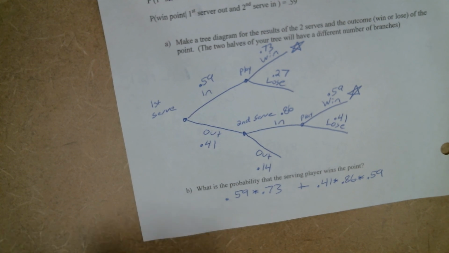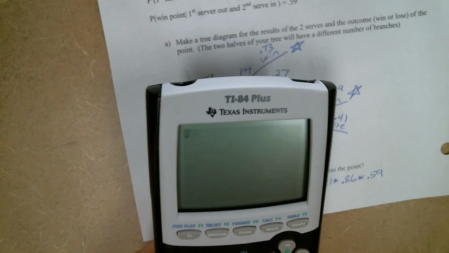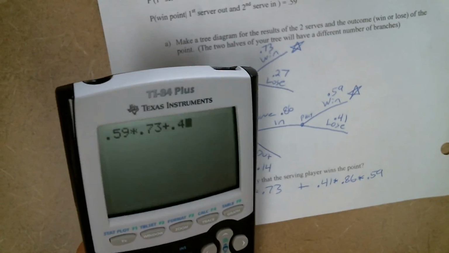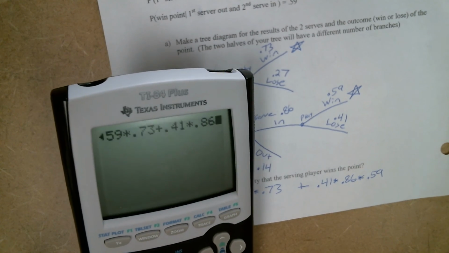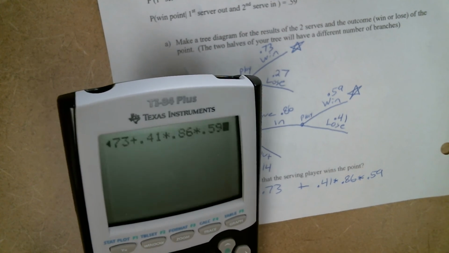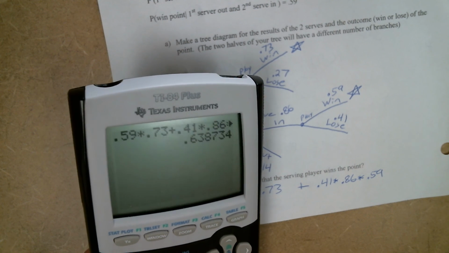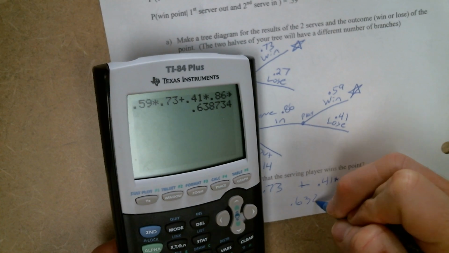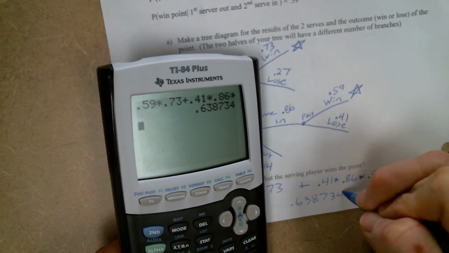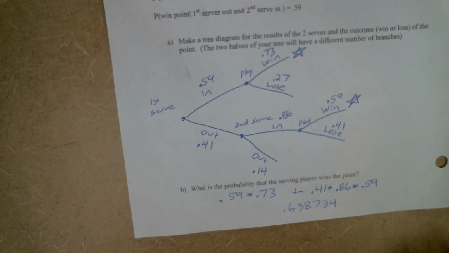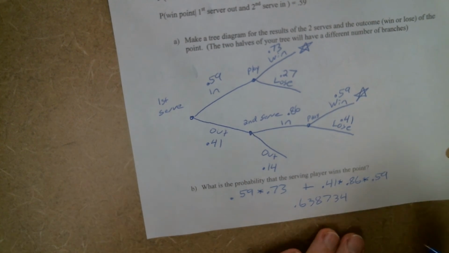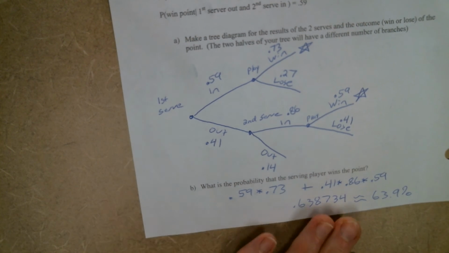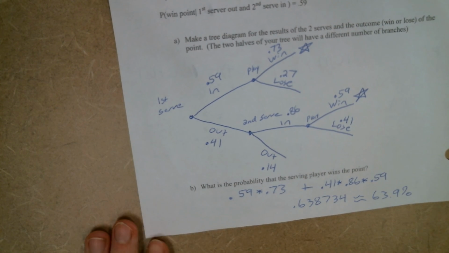So we've got 0.59 times 0.73 plus 0.41 times 0.86 times 0.59. And all together we get 0.638734. Or put another way, we'll say like 63.9%. The serving player is going to win the point.